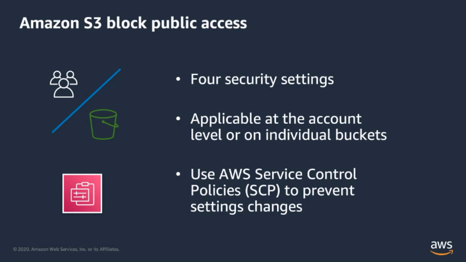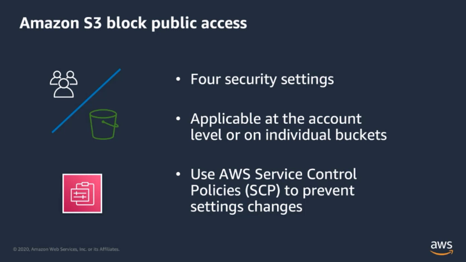Now, we highly recommend that you enable block public access at the account level. When you turn on block public access at the account level, newly created buckets in that account will have the BPA, or block public access, enabled automatically. So you don't have to enable each bucket, and new buckets are automatically protected.